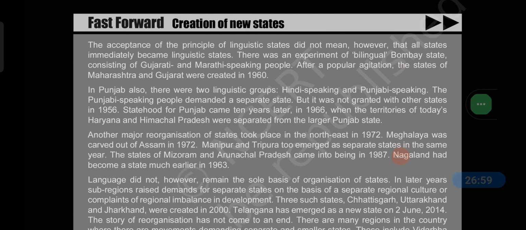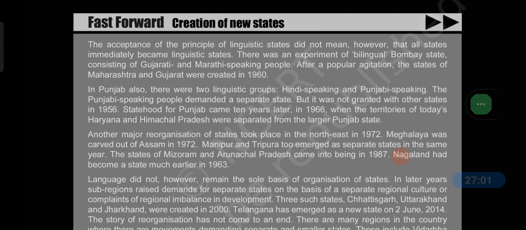I hope you understand. These are the states, and they were built according to the state reorganization policies. I hope you enjoyed this topic, and if you have any doubt about this topic, you can ask me. There are six questions.